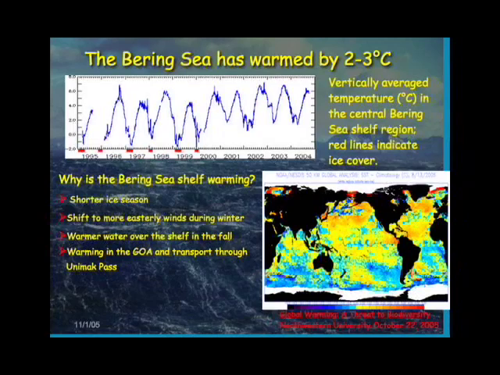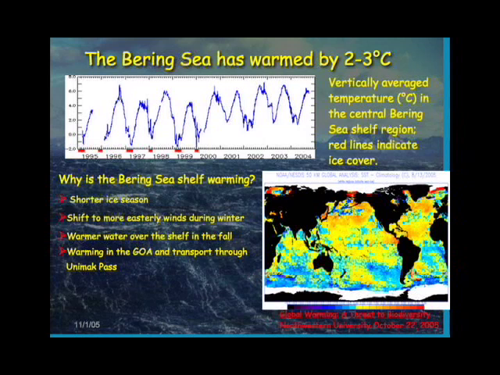What we see is that the higher temperatures, these would be the summertime maximum temperatures here, started out at about 4 to 5 degrees, and we see that they have recently increased to as high as 7 or 8 degrees. The wintertime temperatures here, which are less than 0 in some cases, are now up as high as 3 degrees.